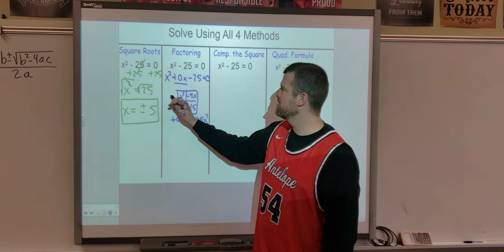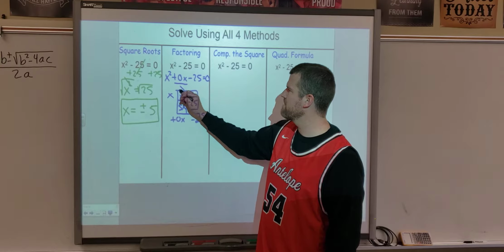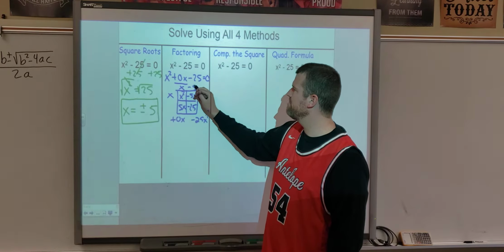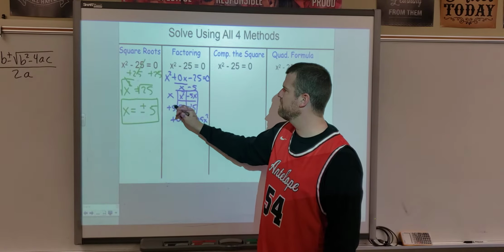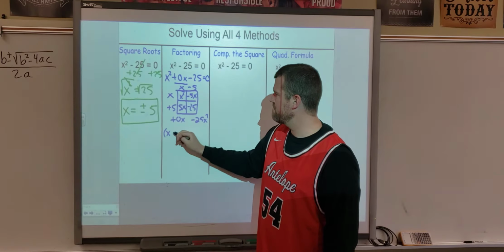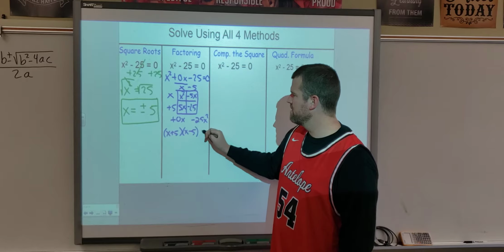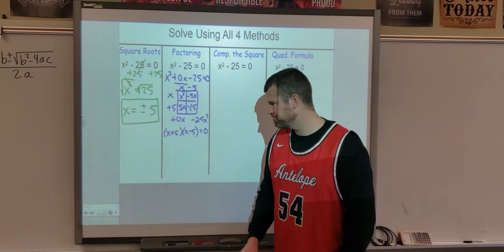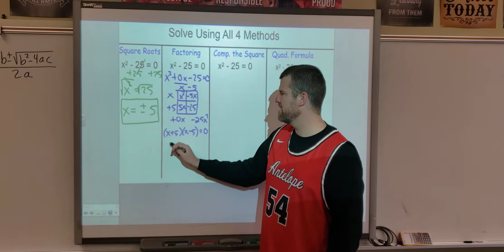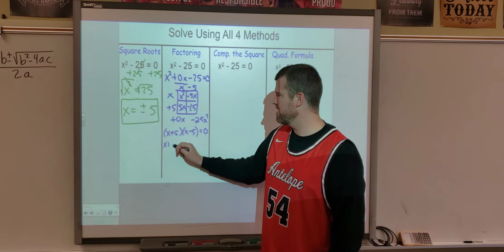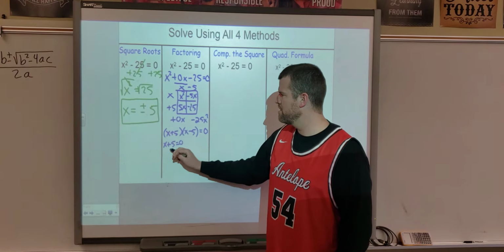Take out our common factor, which is x. This also has to be x, minus 5 and plus 5. So our factors are x plus 5 and x minus 5, and then we set it equal to 0. Take each factor, set it equal to 0. So x plus 5 equals 0.